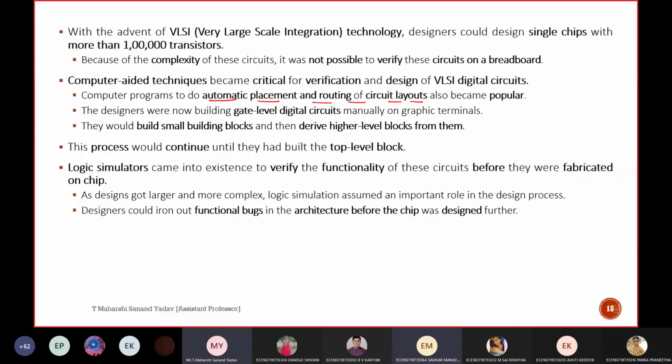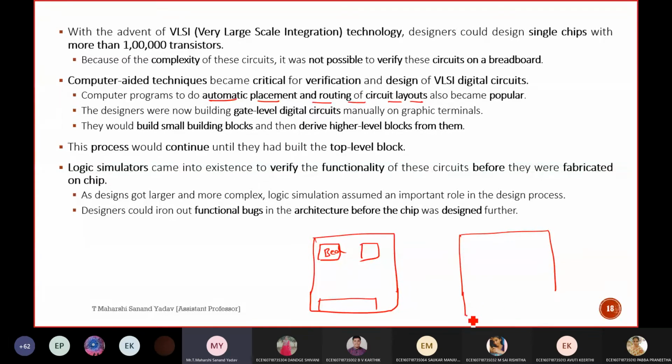Placement means the correct position of the component. Consider a wafer like an open plot: you decide the bedroom should be here, the kitchen here, the balcony here. In the same manner, in VLSI also, on the chip you decide which component should be placed where.